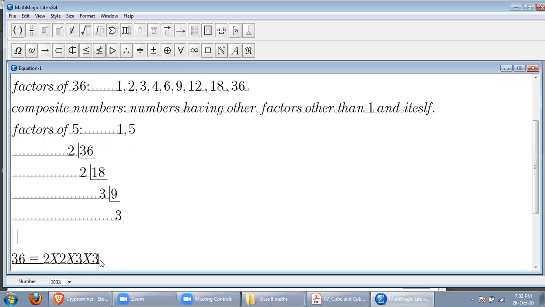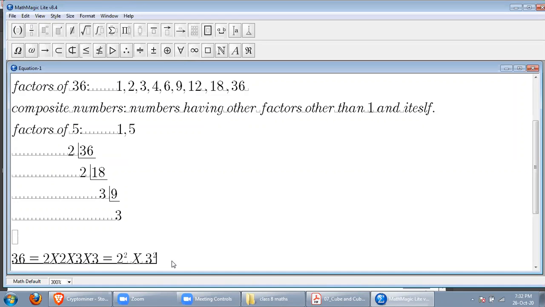Again, if we were to talk about square, as we have discussed, we have to make pairs. 2 is making a pair because there are two twos here, and there are two threes here, so it will be 3 square.